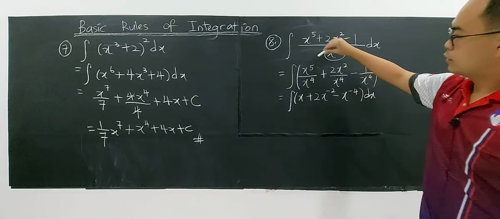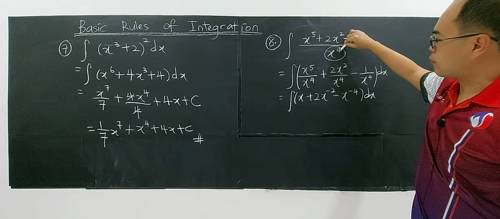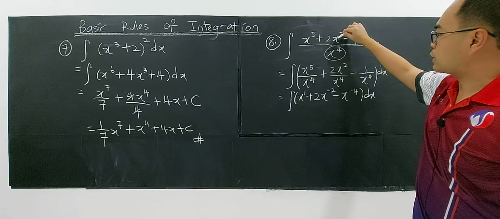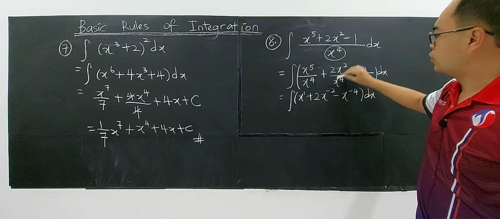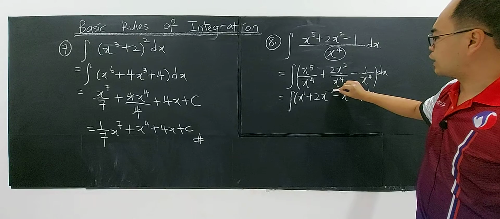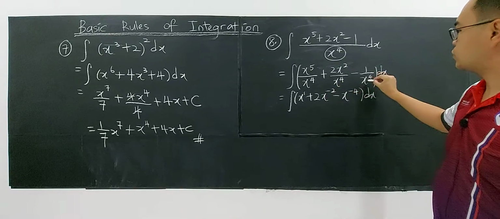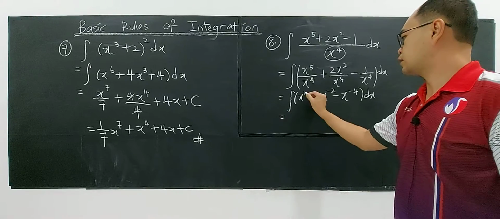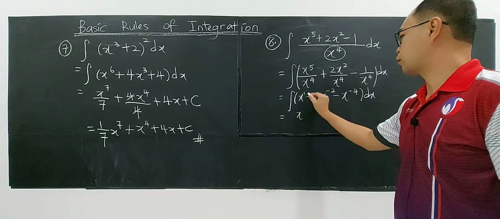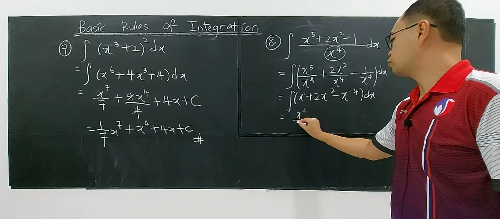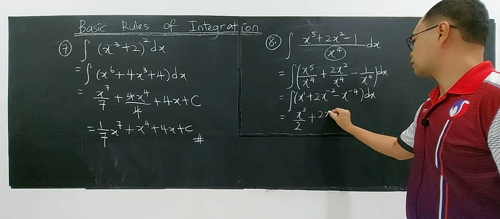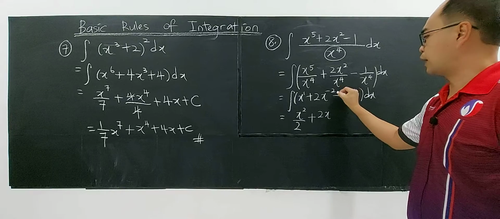Okay, double check. So x to the power of 5 divided by x to the power of 4, 5 minus 4, you have power 1, right? Then x to the power of 2 over x to the power of 4, you take 2 minus 4, you have negative 2. And minus this one going up, you get x to the power of negative 4. So then later integrate x, you have x to the power of 1 plus 1, power 2 over 2. And for this, you have plus 2x to the power of negative 2 plus 1.